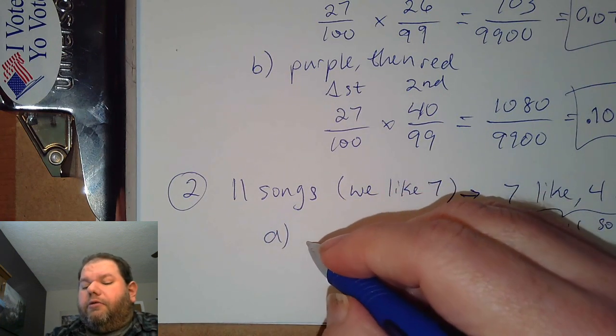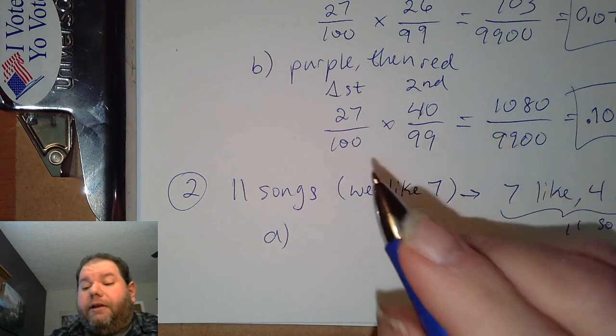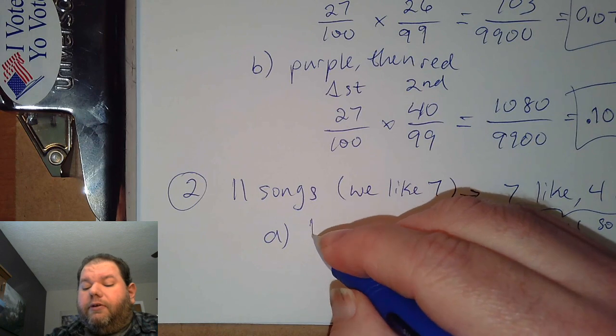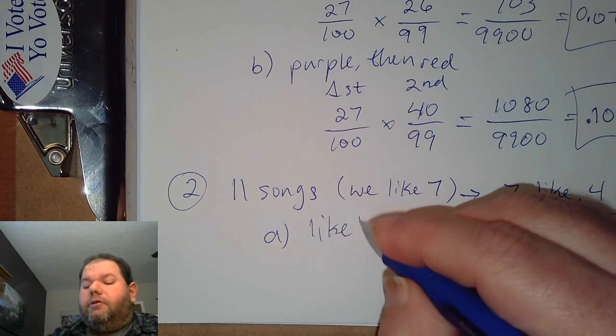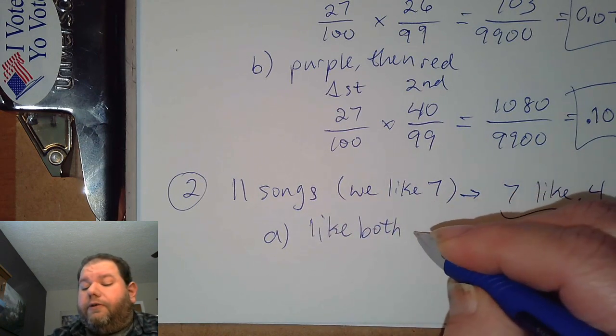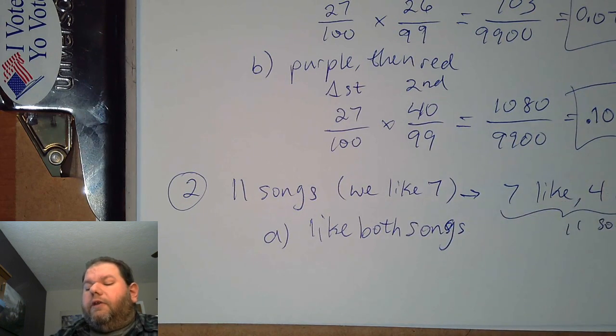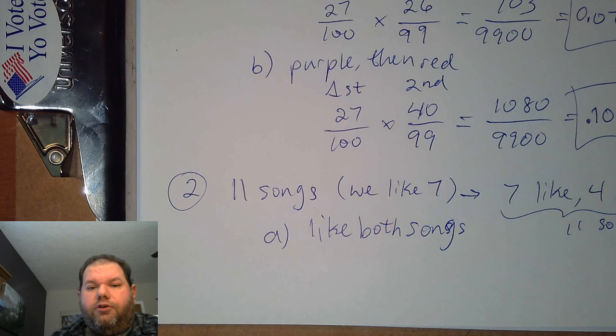So part A: what is the probability that we like both songs that are played first? And so our strategy is just like where we chose 2 purple jelly beans.